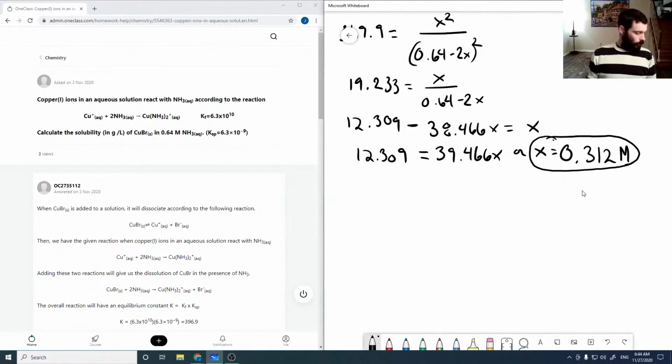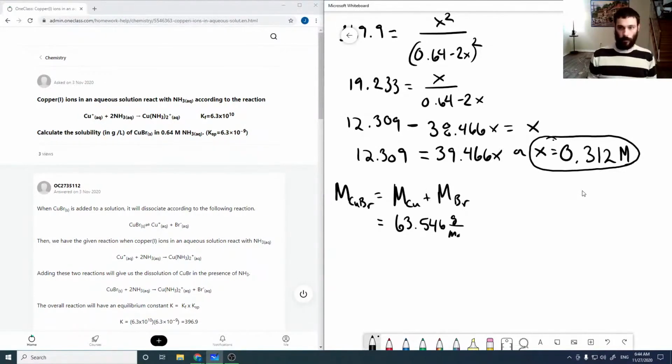We want it in grams per liter, so we need our molar mass of copper bromide, which is equal to the molar mass for copper, plus that for bromine, which is 63.546 plus 79.904. And so that's 143.45.